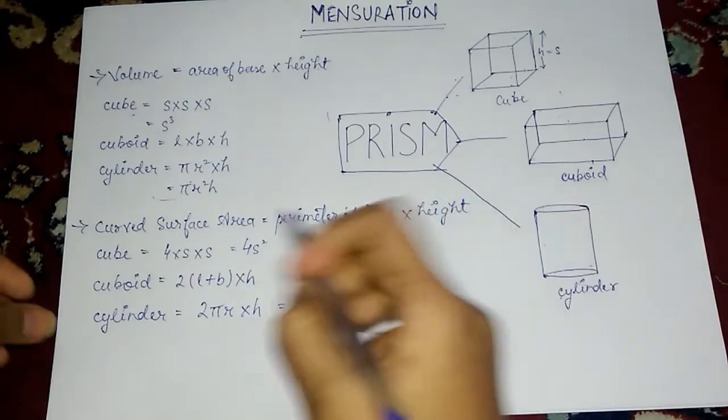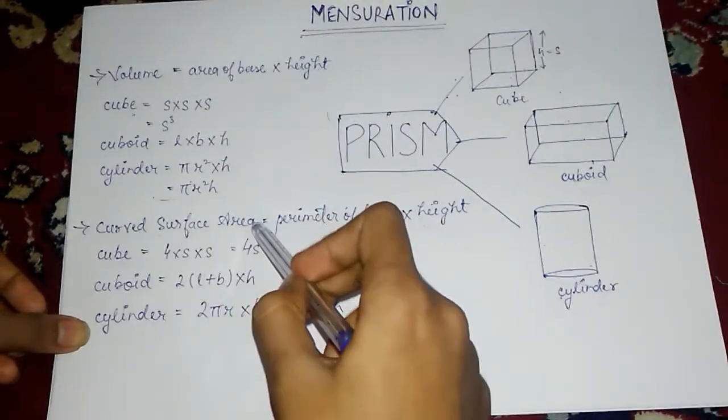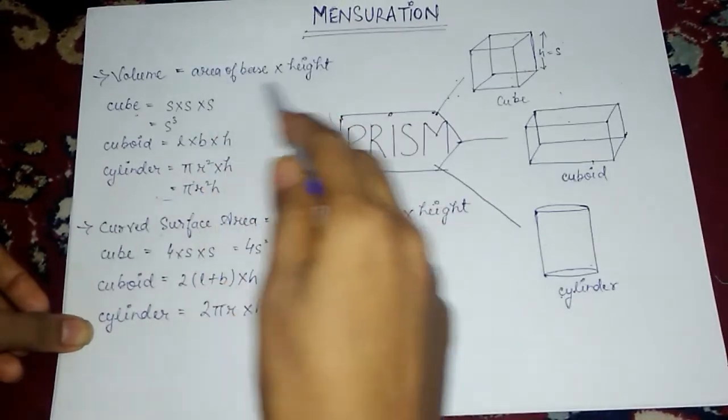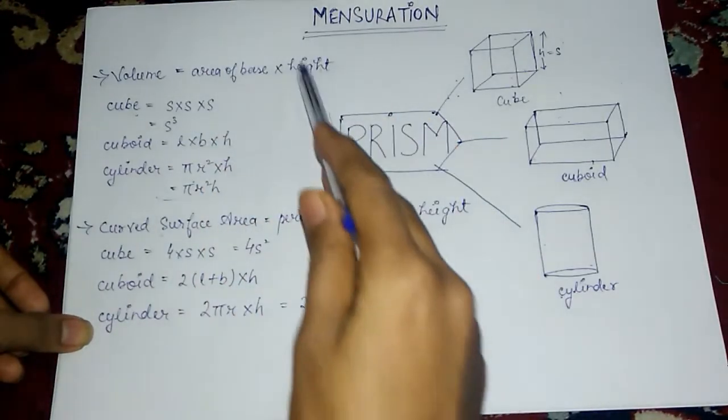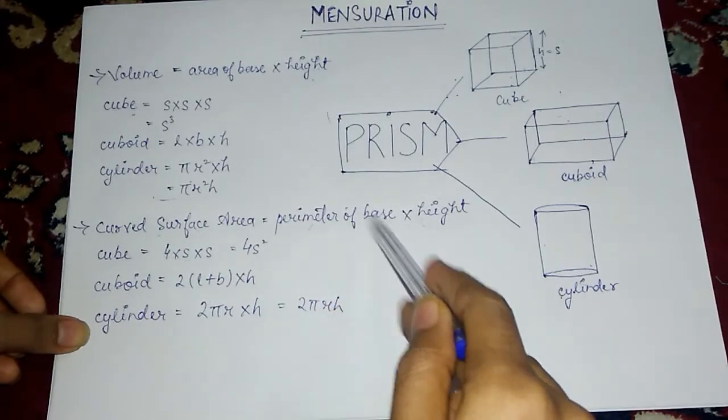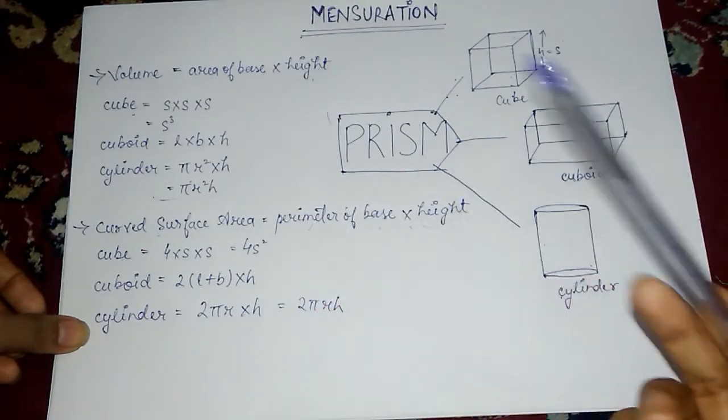Okay, so volume and curved surface area, very easy to remember these base formulas. Area of base into height for volume, and curved surface area is perimeter of base into height. So next we come to total surface area.